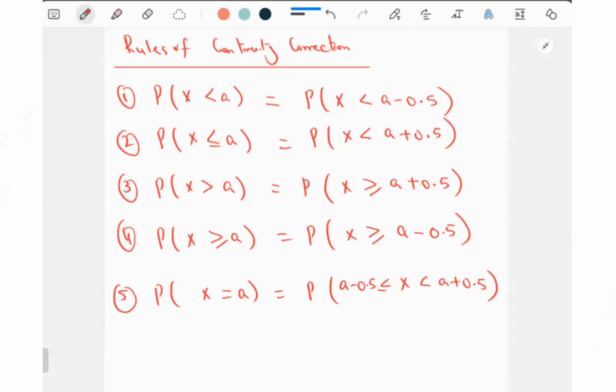ठीक है जी. तो जब कभी लैम्डा 15 से बड़ा होगा, Poisson distribution will approximately be converted to normal distribution in such a manner that lambda will be mu and lambda will be variance. So normal distribution will be lambda comma lambda, and we will have to apply continuity correction.